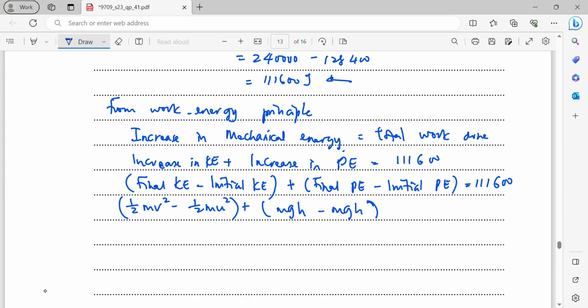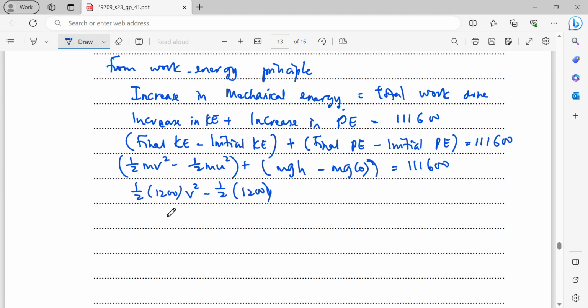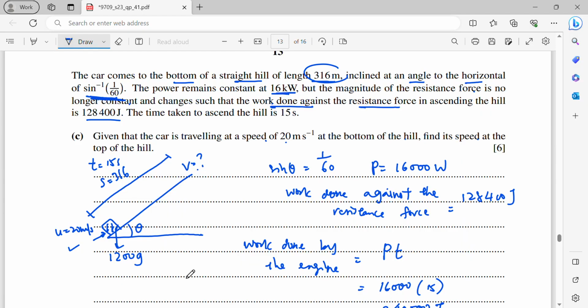So I will replace this by 0 first. Then equals 111,600. Now I will replace the m, so it will be 1,200. The v is unknown, minus 1 over 2 times 1,200. Then the u is given. The u is 20, so I will get 20 squared. Plus the m is 1,200. The g is 10. The h, okay, so for the h, we need to resolve the s, the distance here.